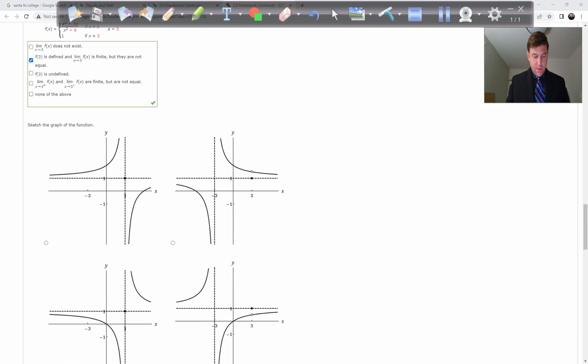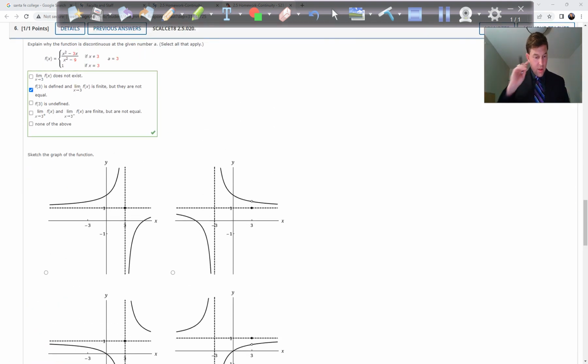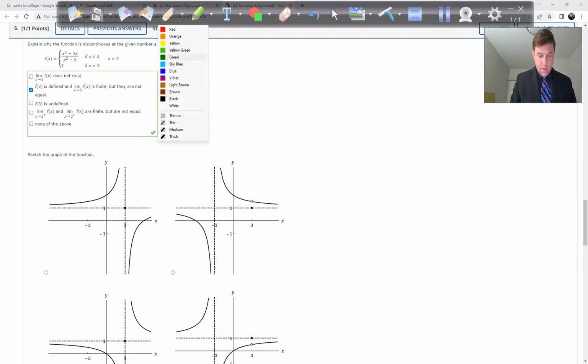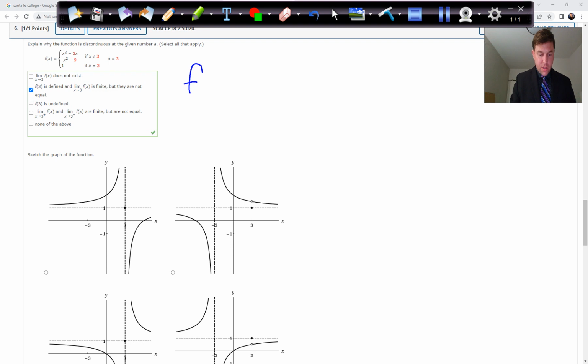Okay, for problem 6, we have explain why the function is discontinuous at the given number a. So a is 3. So this function is a piecewise function. It's got this hole in it, and then they make a jump to 1.